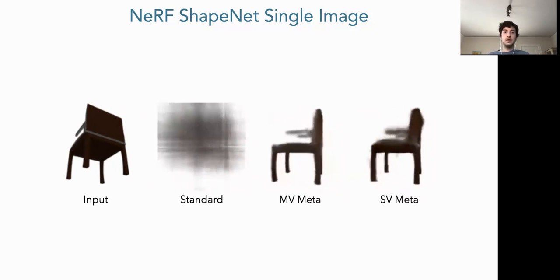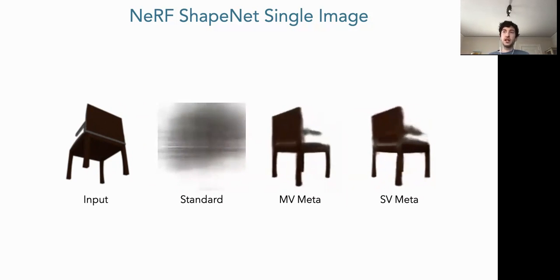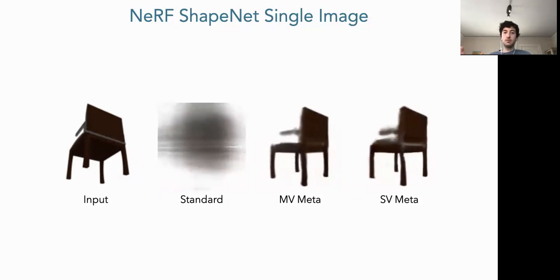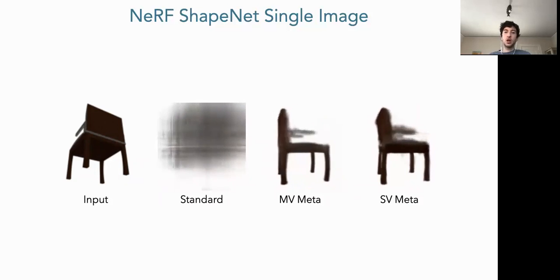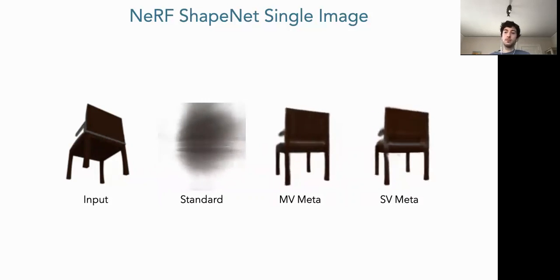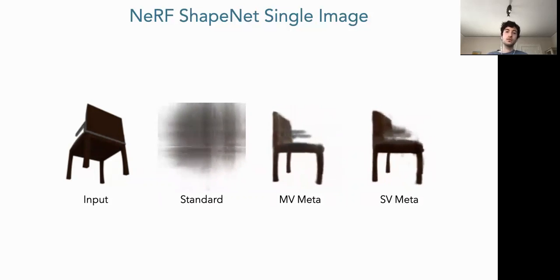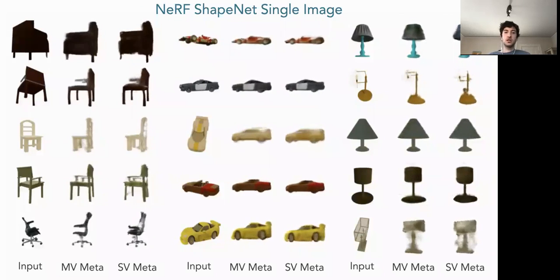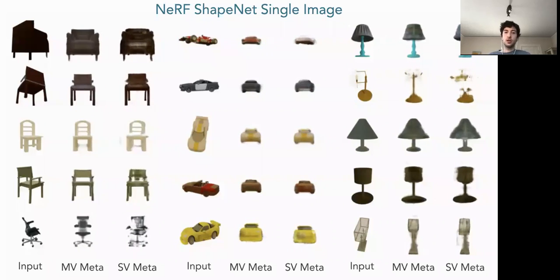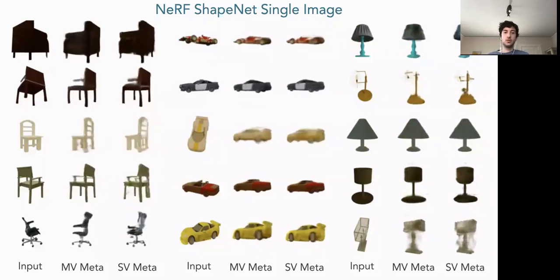So in this case, MV meta stands for multi-view meta, and SV meta stands for single view meta. Now it's worth keeping in mind that for all of these methods, we only observe a single input image during the test time optimization. Here are some additional results on different classes. And I want to note that these are by no means state-of-the-art for single image reconstruction.